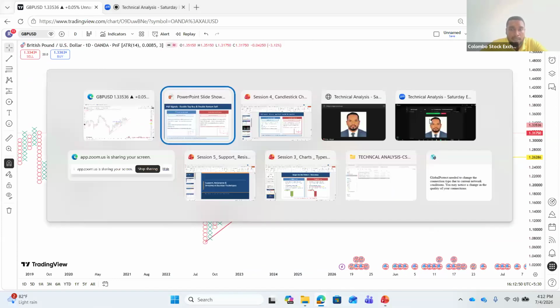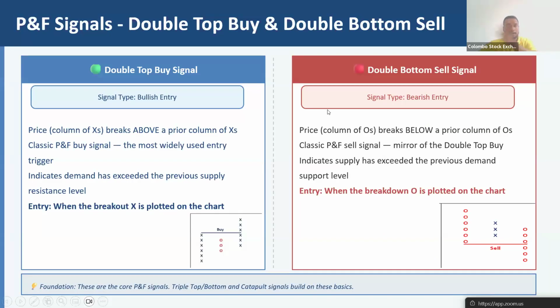The only signals we discuss in the point and figure charts are these two. There are other signals we can use on point and figure charts, but it's not that important for us. The double bottom signal is something like this, where you see a column of O's where the price is going down continuously, and then you see some reversal, meaning price is going up.